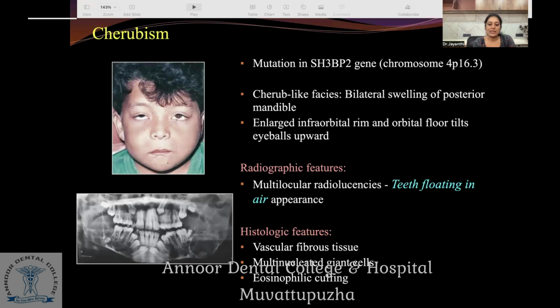They are responsible for the bone destruction. Because of bone destruction, you are seeing the radiolucency in the radiograph. In addition, you also see a vascularized fibrous connective tissue surrounding the bone, and there will be eosinophilic cuffing of bone.